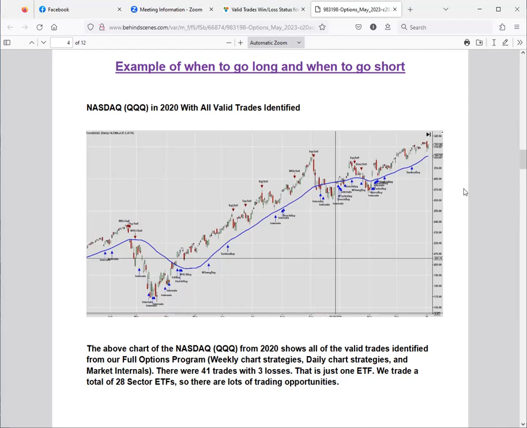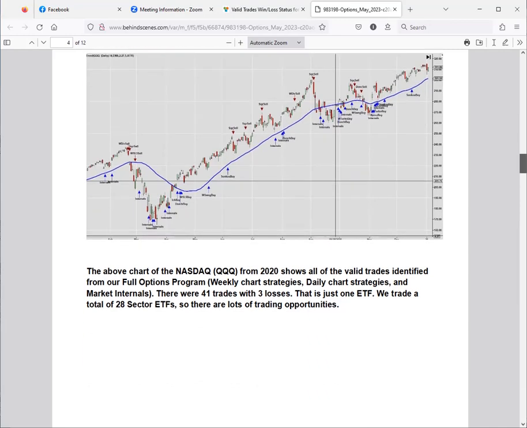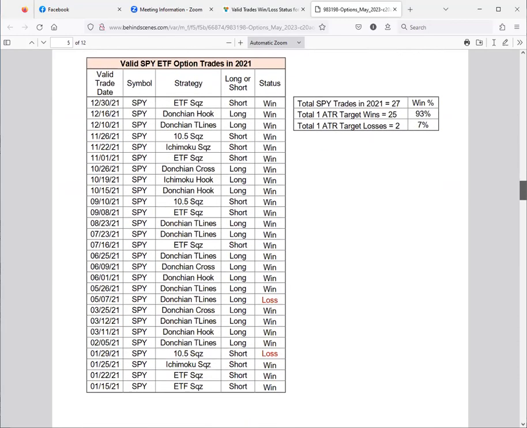Really focusing. So what I did today was go through, I chose S&P 500 and oil, USO, as two examples of knowing when to go long and when to go short. And that is utilizing our grouping of strategies.